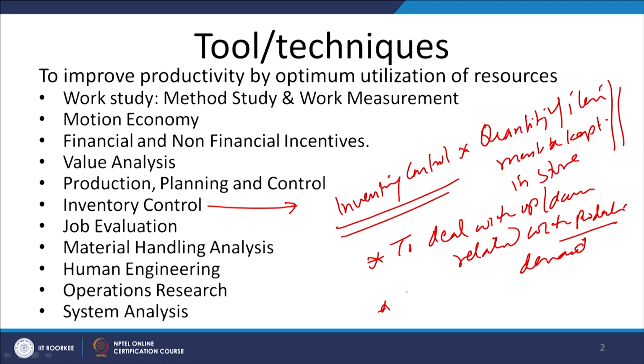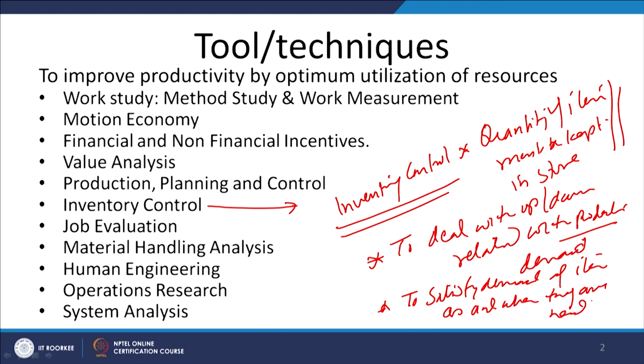So, to deal with the possibility of delay in delivery, inventory is maintained to see that items are available whenever they are needed, because it sometimes becomes impossible to get the items from the market directly when they are needed. So, to satisfy the demand of items as and when they are needed.